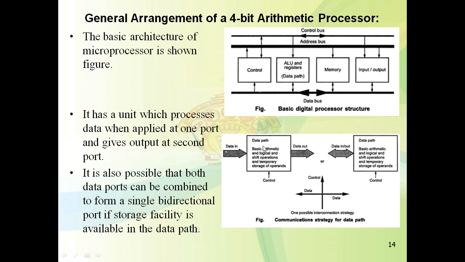There are two different approaches. This is the first approach. So what is the data path? The ALU, arithmetic logic unit, will take data and do an arithmetic operation, and then it will give the data out. What are the different operations it will do? Basic arithmetic operations, logical operations, or shift operations, and temporarily they will be stored.